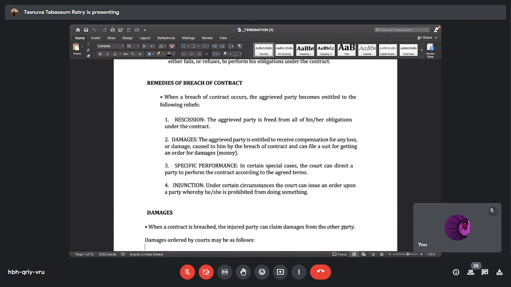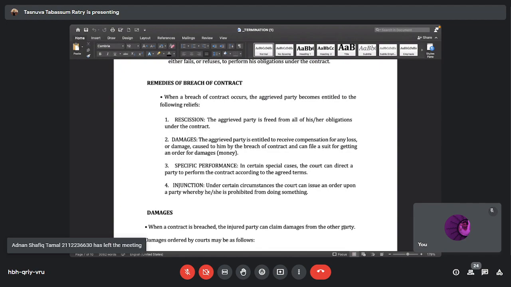We call that a discretionary remedy. Why do we say that it is a discretionary remedy? Because it is at the discretion of the court whether they want to award specific performance or not. So, specific performance is a discretionary remedy which is given in limited circumstances by the court where they think it is appropriate for the parties.